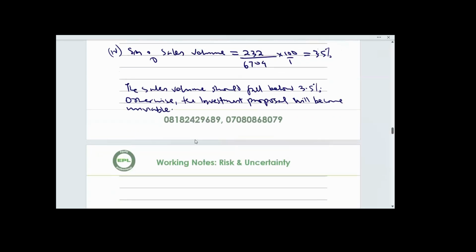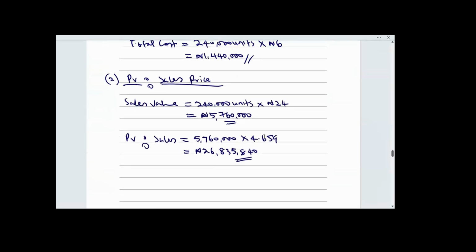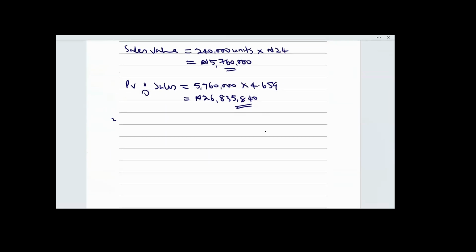So that's that. Number 5 is variable cost. Sensitivity margin of variable cost is NPV of 232 divided by the present value of variable cost. We don't know the present value of variable cost. Let's go and calculate it. Working number 3, PV of variable cost.